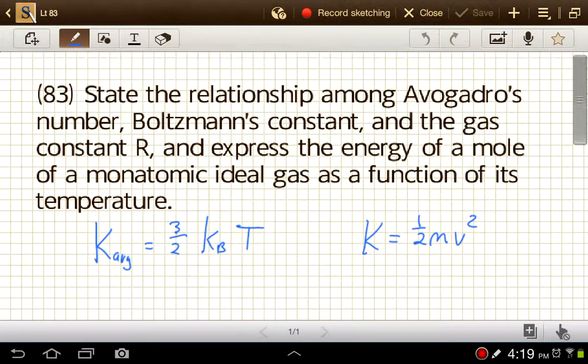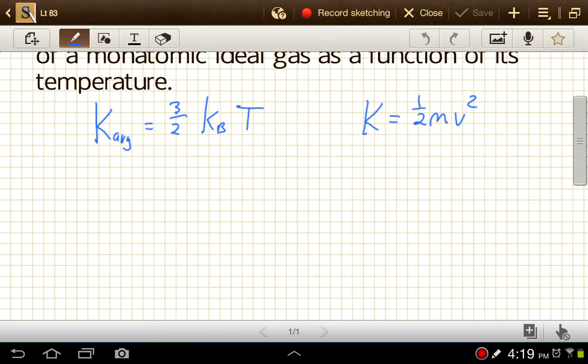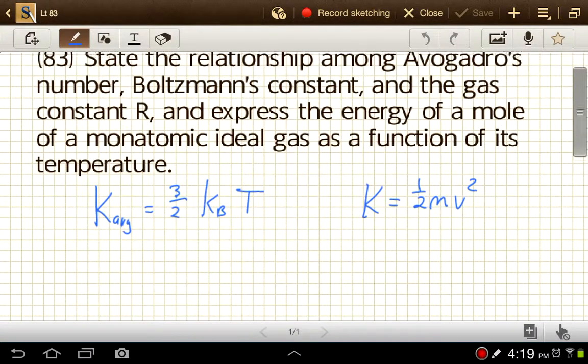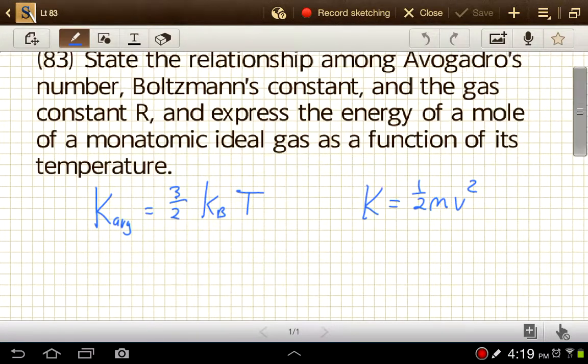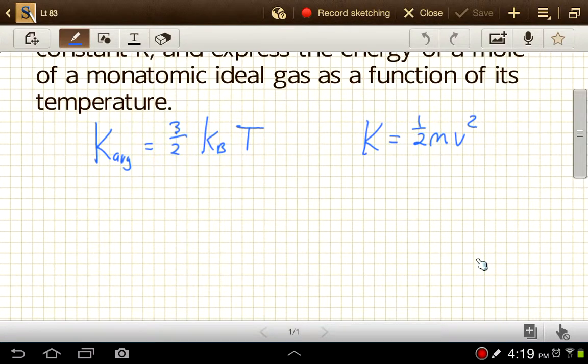If we want the kinetic energy of a single atom of a monatomic ideal gas, then we can write this as K equals 1/2, and for the mass, I'm going to put in the molar mass divided by Avogadro's number, 6.02 times 10 to the 23rd.